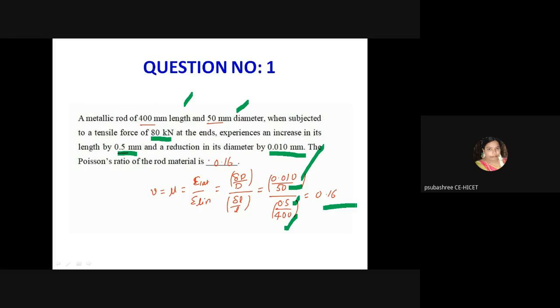Any doubt? Any doubt for calculating Poisson's ratio? Please ask. Any doubt? Students?